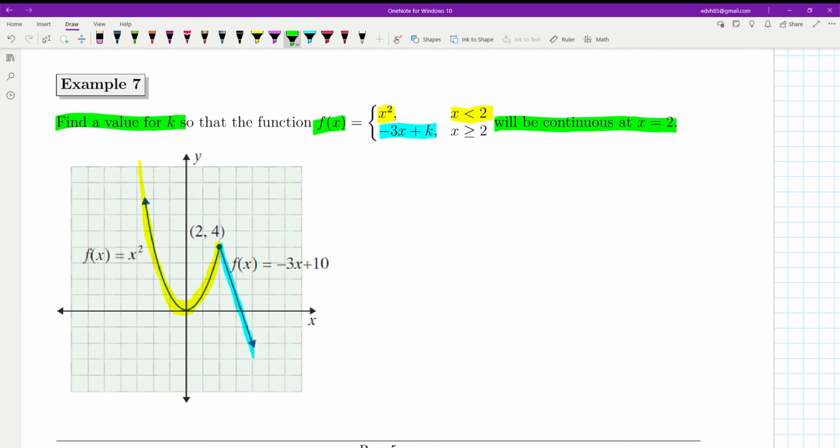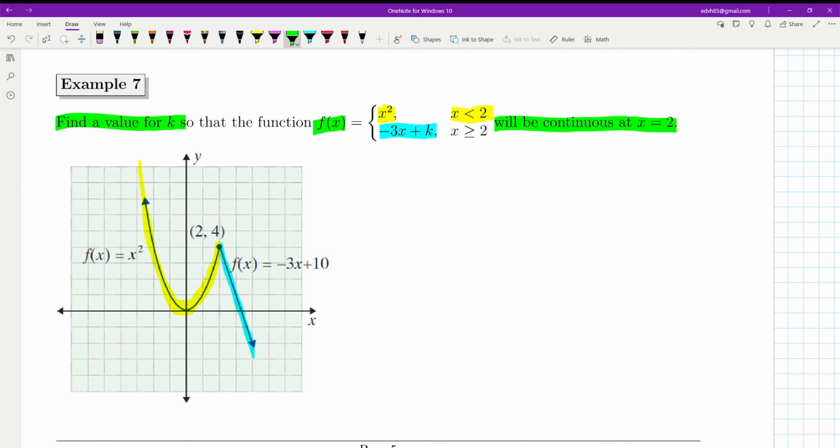All we have to do is, well, trial and error is definitely not going to work, so we need an equation. We will solve a system of equations, setting these two equations equal to each other, so that they intersect at a point.